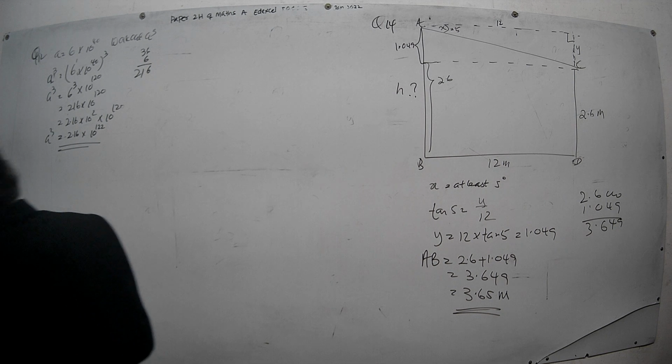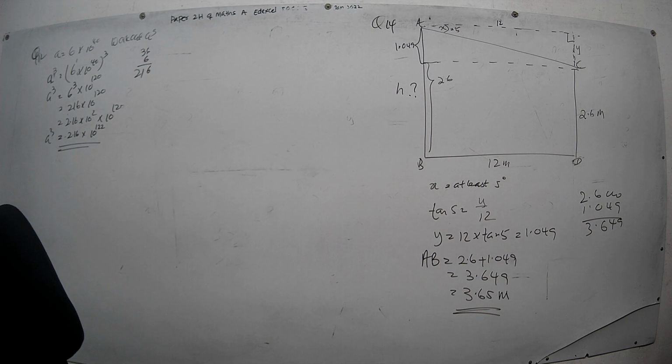Question 15. The distances traveled by a cycle for 11 days are recorded in kilometers.